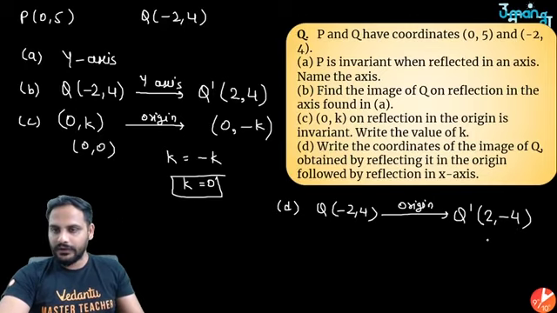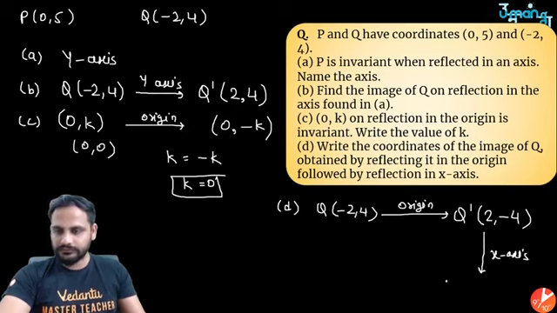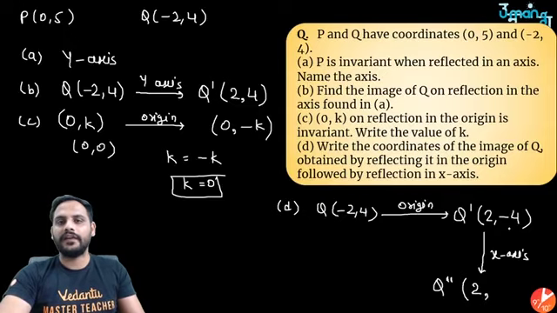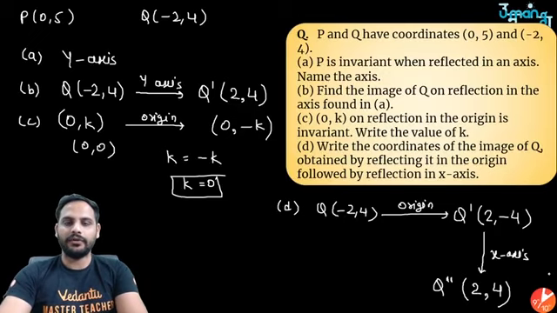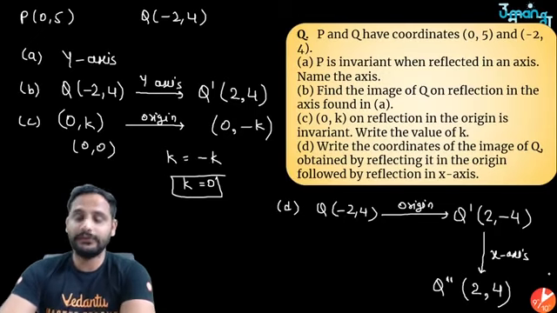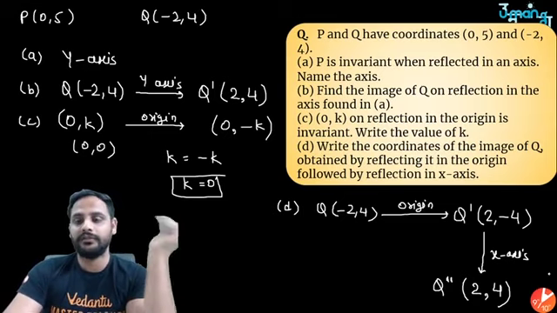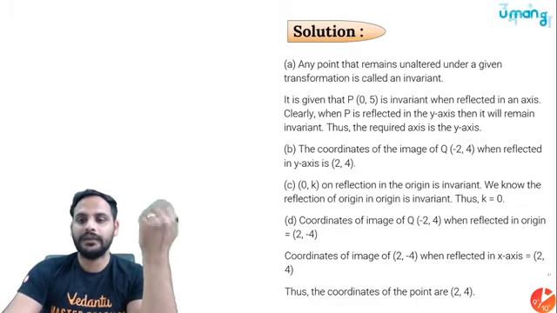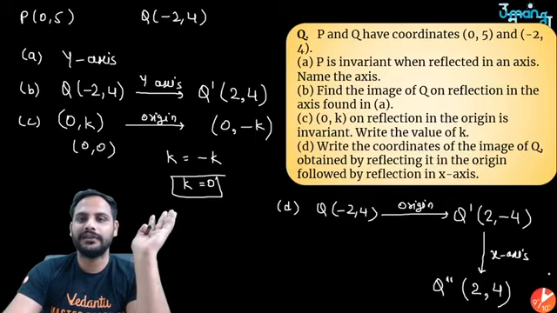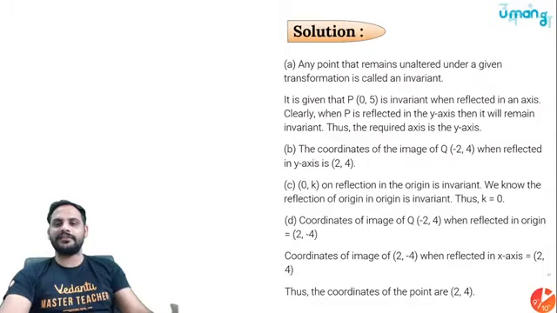Then if we reflect under the x-axis, the x coordinate will remain the same, the y coordinate will change the sign. So (2, 4), right? So this will be the coordinates of the point if we reflect Q first through the origin and then through the x-axis. Got it, beta? So these are your simple questions. देखो, reflection is a very easy topic, very easy topic.